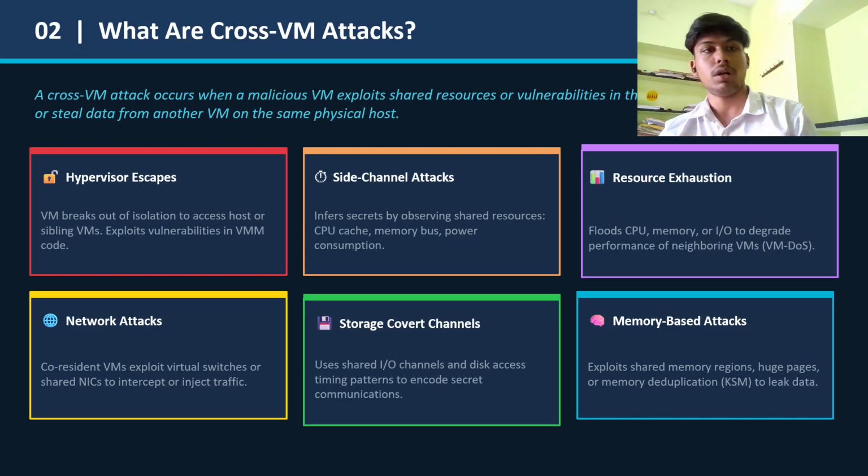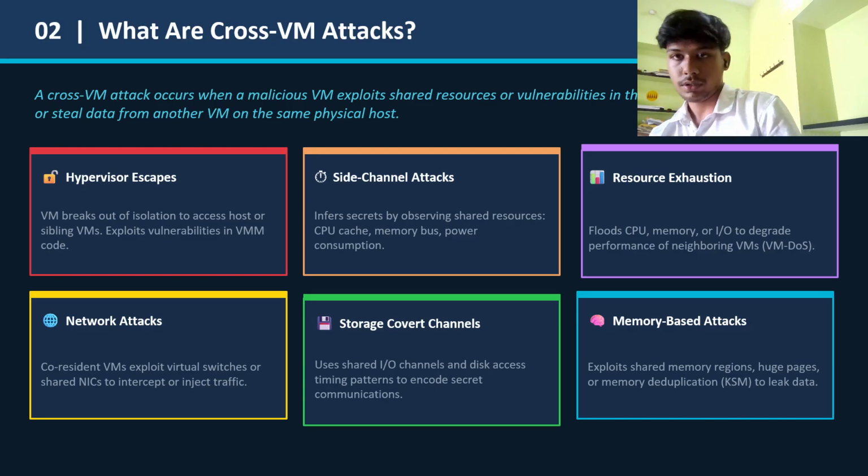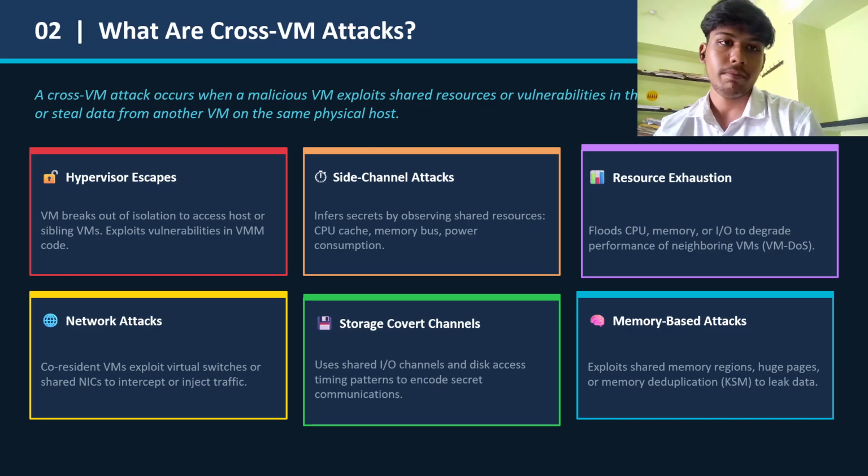Fifth is the storage covert channels. By watching disk access timing patterns, a malicious VM can actually encode secret messages and communicate with another VM, or infer what another VM is doing through the timing of I/O operations. These are the storage covert channels. And the last is the resource exhaustion attack, which is simpler but still harmful.